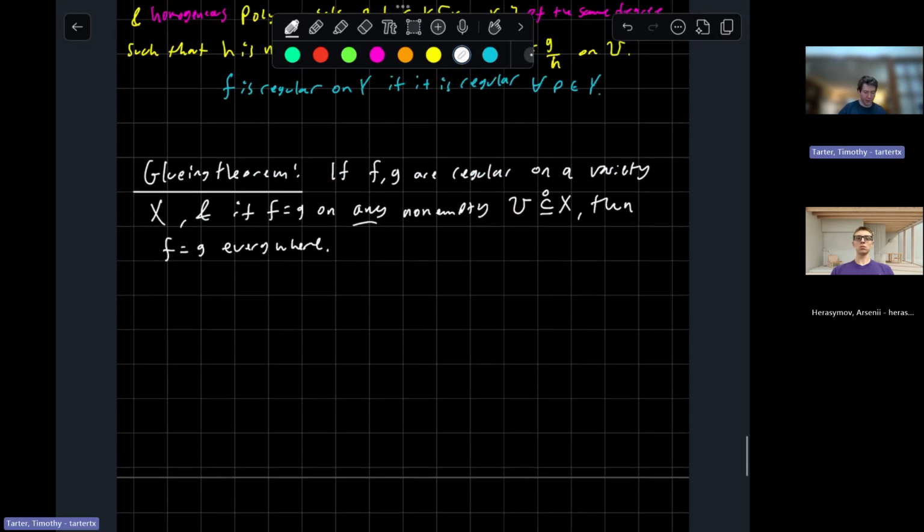Okay, now for the category of varieties. This is going to be dense. So again, let K be a fixed algebraically closed field.